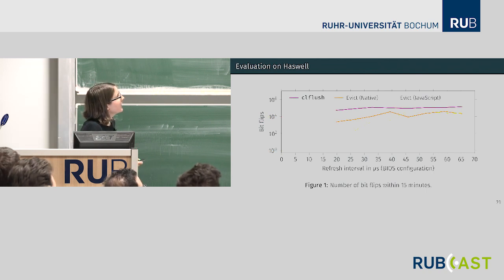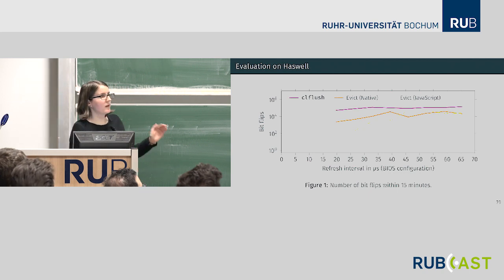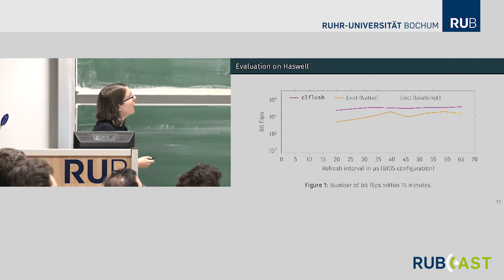So here you have the number of bit flips we had within 15 minutes. First with the CLFLUSH instruction, then in native environments, so no JavaScript, using the eviction. So you can see that we have fewer bit flips. Here each time we change the refresh interval.